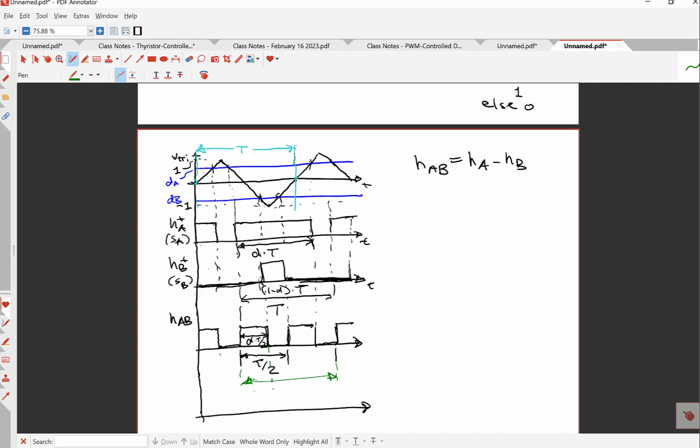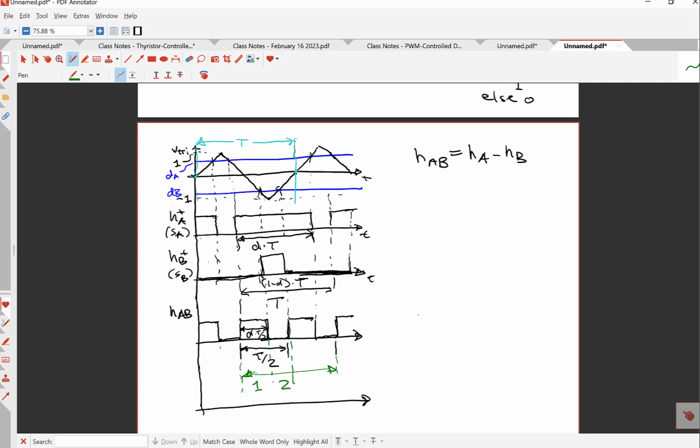So we'll call this state 1, and we could call this state 2 for lack of a better name.